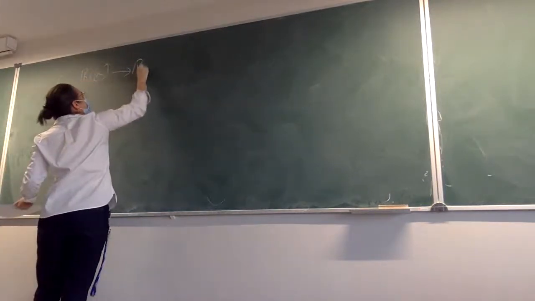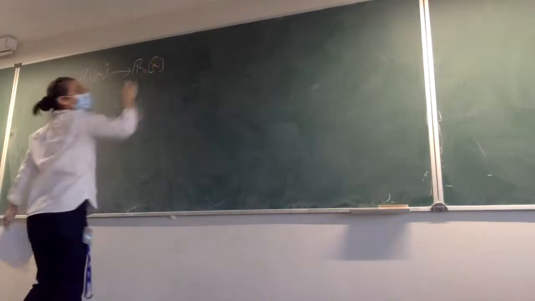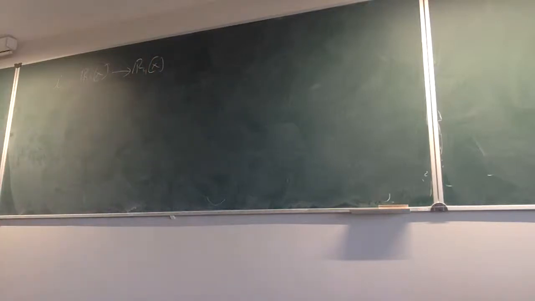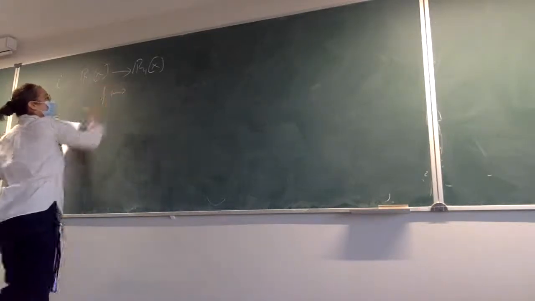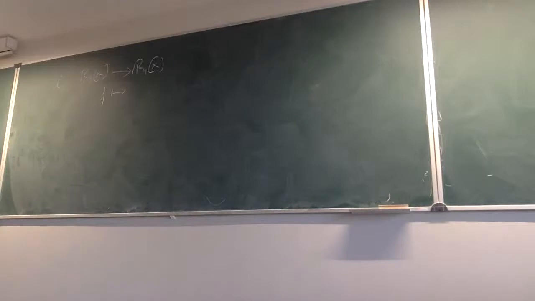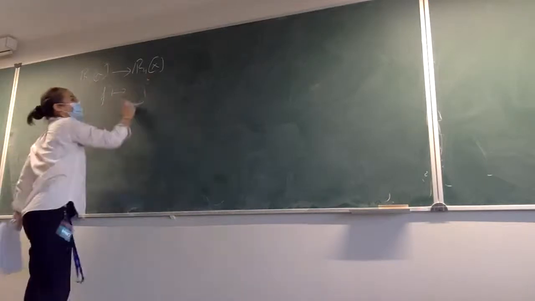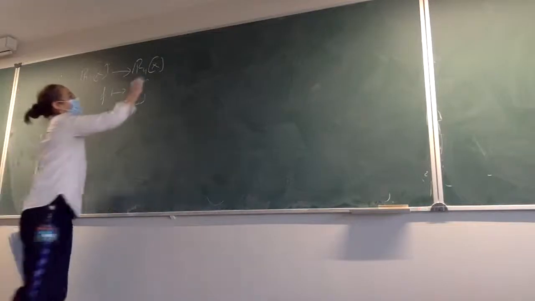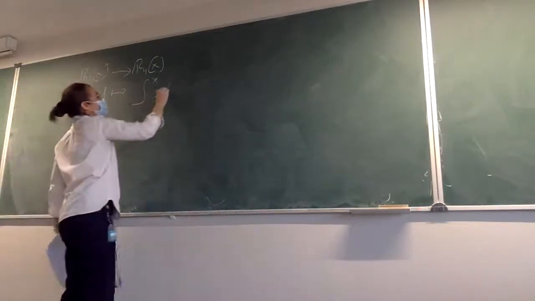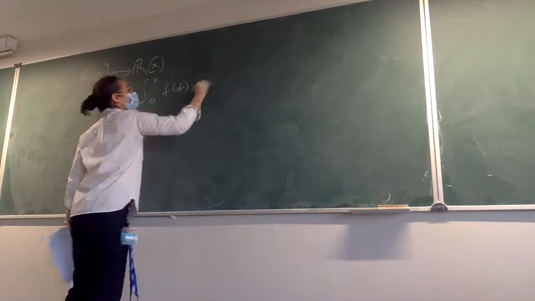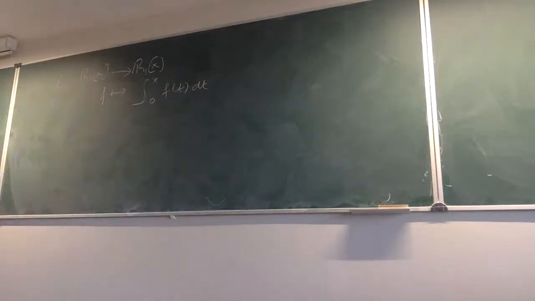I have to take one order more this time because you know that if I integrate a polynomial of degree 3, I get one of degree 4. And if I want the map well defined, I have to take one of the specific antiderivatives, the one that is going to cancel in 0. Okay? So this is how I'm defining my map.